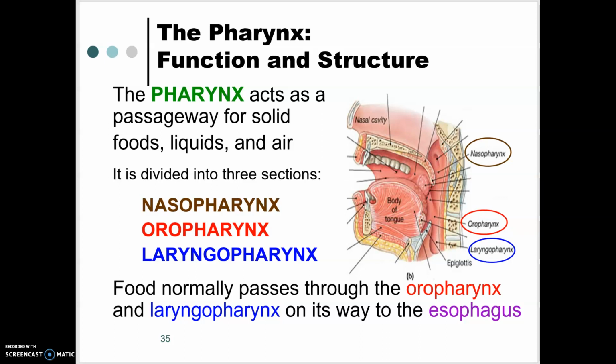But we break up the pharynx into three sections. We get the nasopharynx, and the nasopharynx is going to be the opening to the nasal cavity where it enters the back of the throat. So generally what we think of is the stuff behind the soft palate and between the nose cavity. That's going to be, area right here is going to be our nasal pharynx.